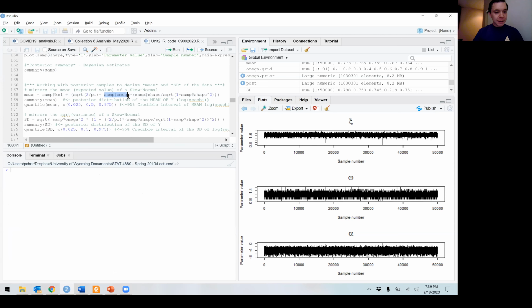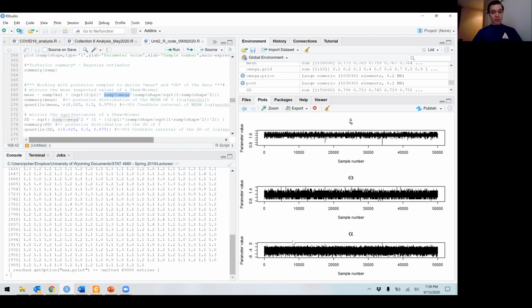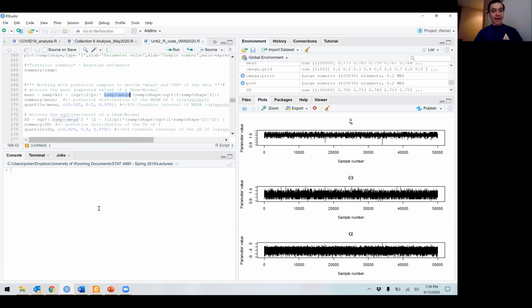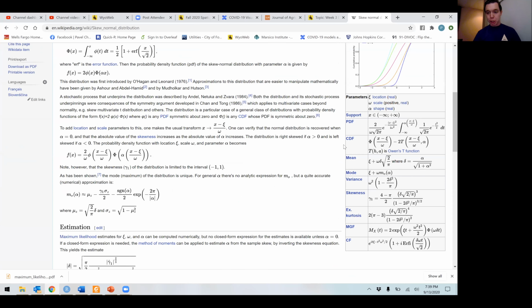Here is the vector of omega values. Yeah, that's this vector of values. They're not all the same. Here's the trace plot of omega values on the right. And here is my alpha over the square root of 1 plus alpha squared, because I'm trying to mirror this mean right here. I also have root 2 over pi in there.